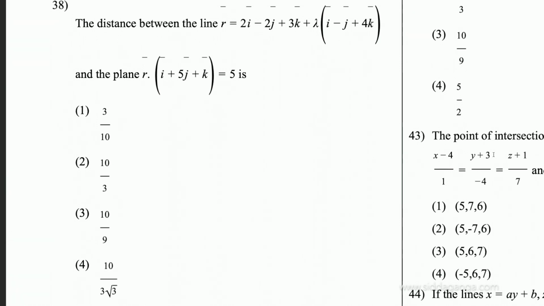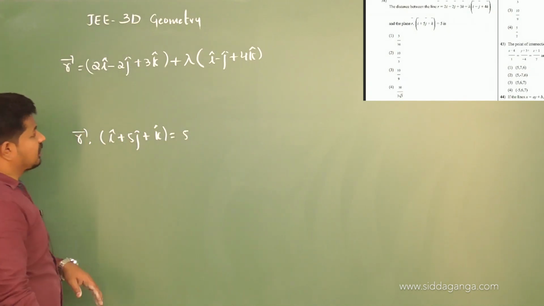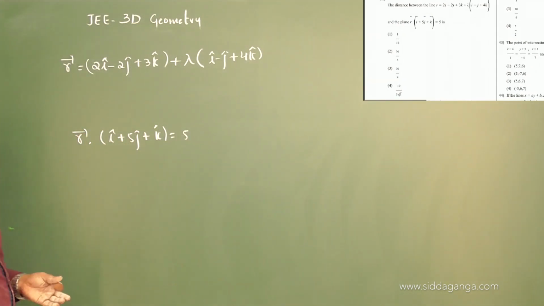This is your given line, and this is your plane, r dot i plus 5j plus k is equal to 5. This is your plane. So you need to find the distance between these two, the plane and the line.